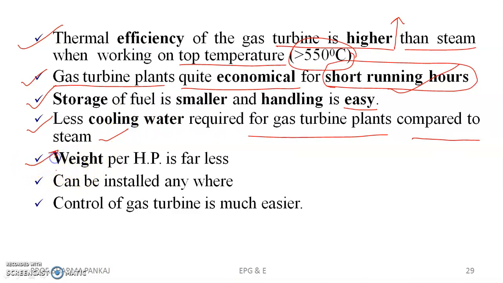Next point is, weight per HP is far less. It can be installed anywhere. The control of gas turbine is much easier as compared to the smooth controlling of your steam power plant.